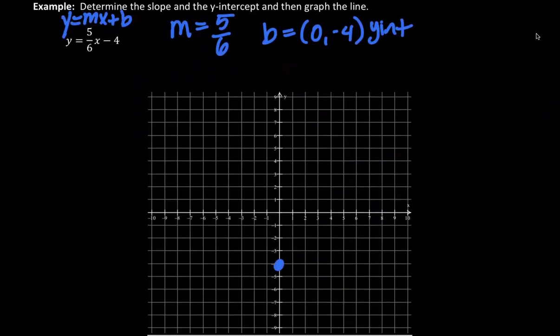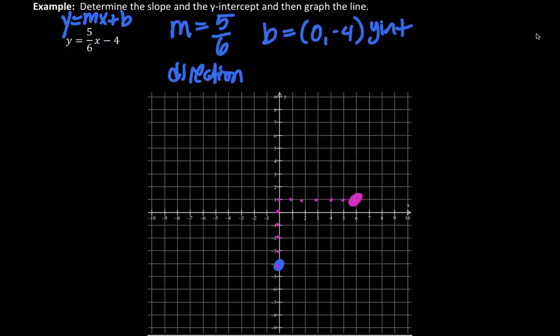Keep your pencil on that y-intercept, and we're going to use the slope. Think of these as directions to get you to the next point. So from this, I'm going to rise 5, 1, 2, 3, 4, 5, and run 6, 1, 2, 3, 4, 5, 6. That's the location of my next dot.